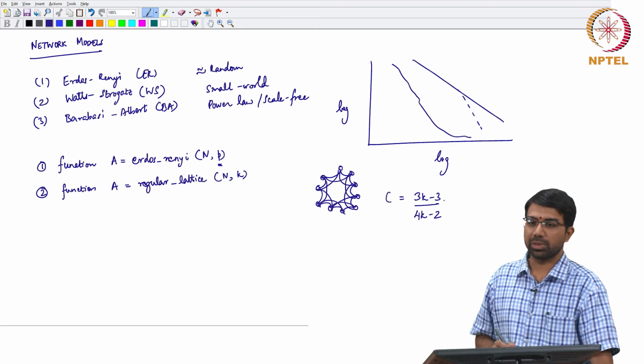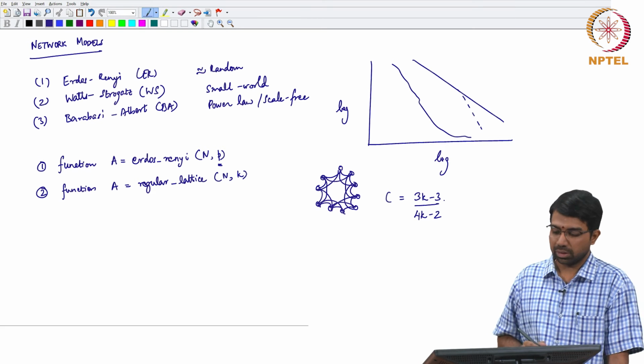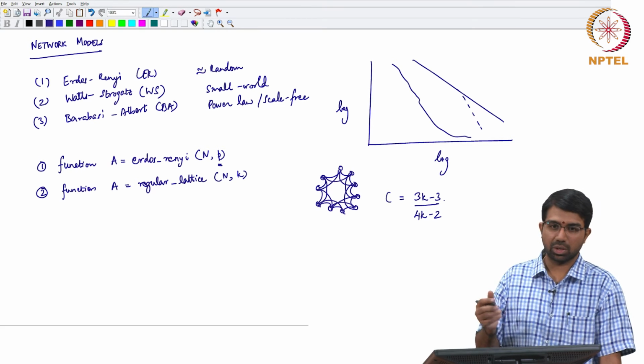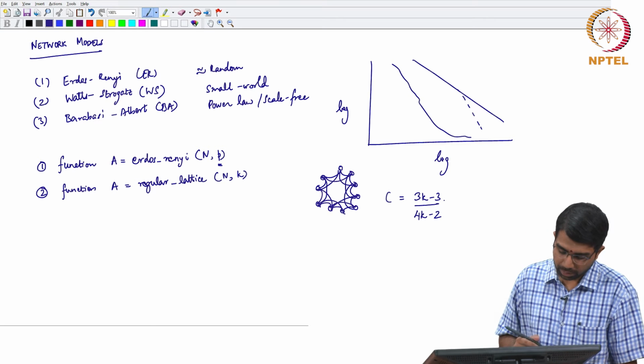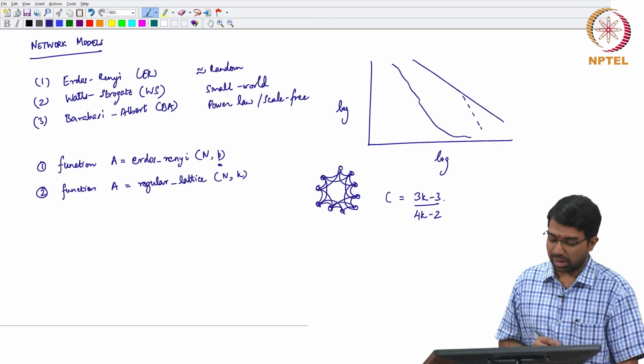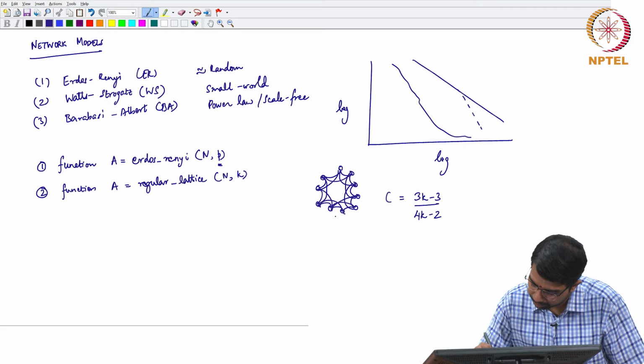We did see an example previously, where the clustering coefficient for a network with 10,3 or something like that. But this gives you only a regular lattice.